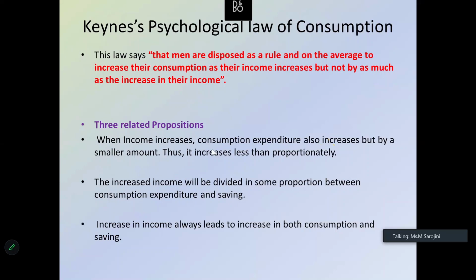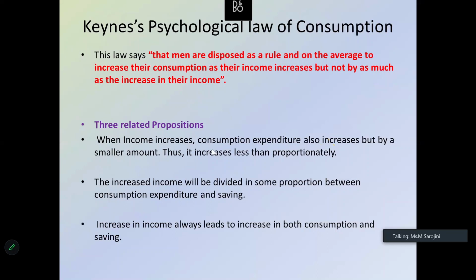That means once the income increases by 60, consumption increases only 50, less than 60. The second thing is the increased income will be divided in some proportion between consumption expenditure and saving.